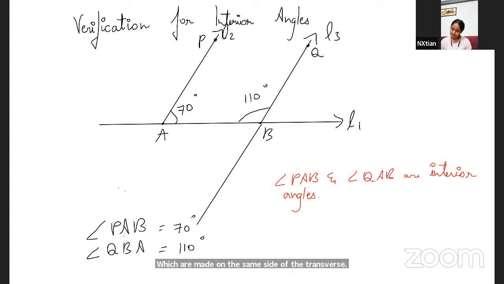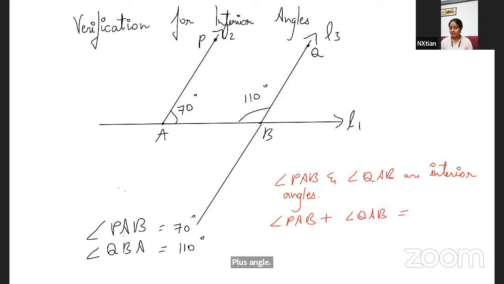Okay, so we can write it like this: angle PAB plus angle QAP is 180 degrees, and 70 degrees plus 110 degrees equals 180 degrees.